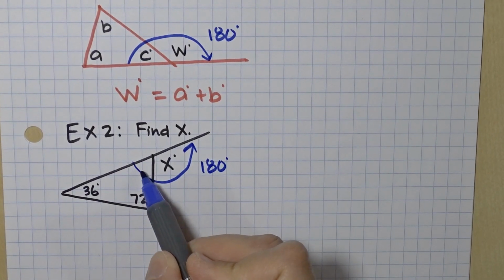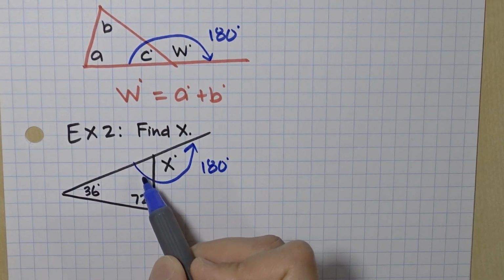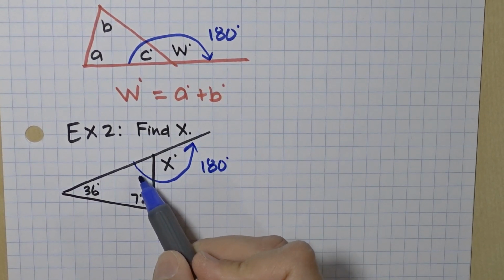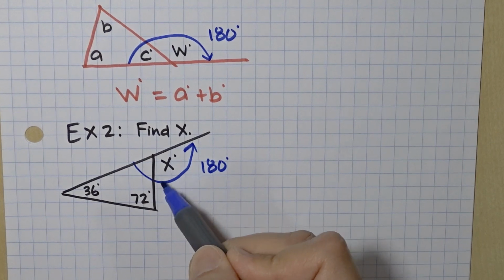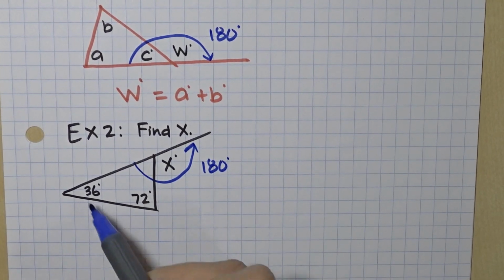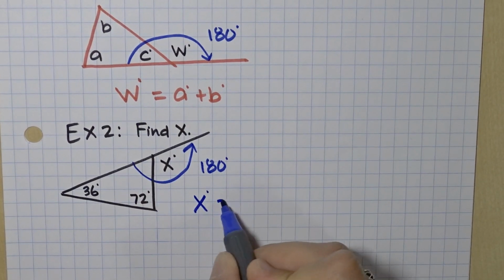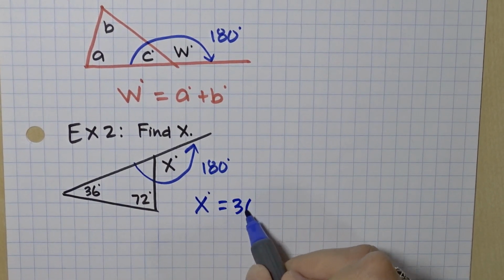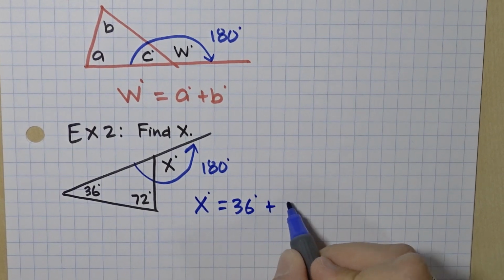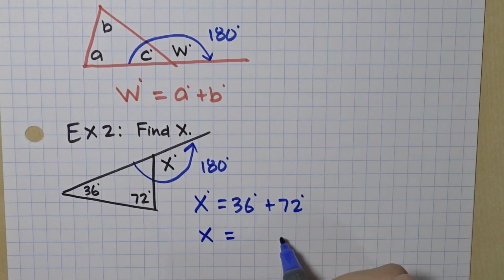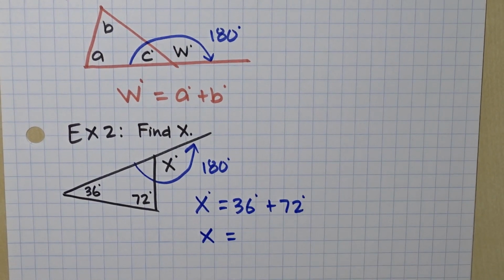So this angle, plus these two, is 180, and that same angle plus which other two equal 180, and it's going to be these two. That's the concept we have up here. So x is going to equal 36 degrees plus 72 degrees, and so therefore x will equal 108.